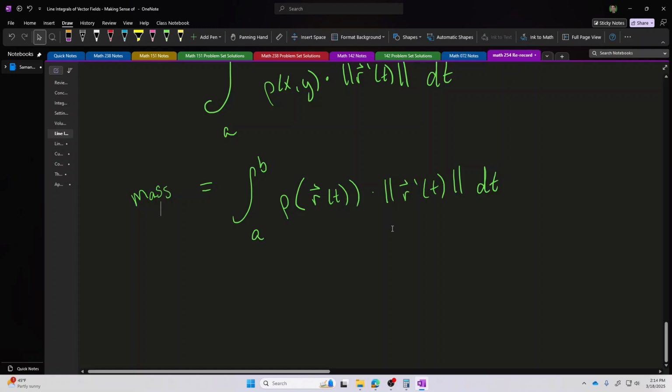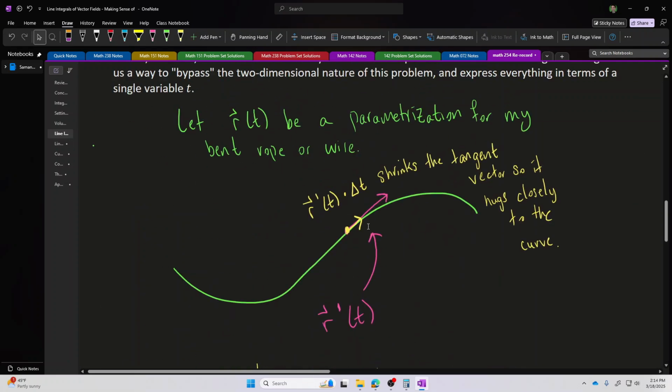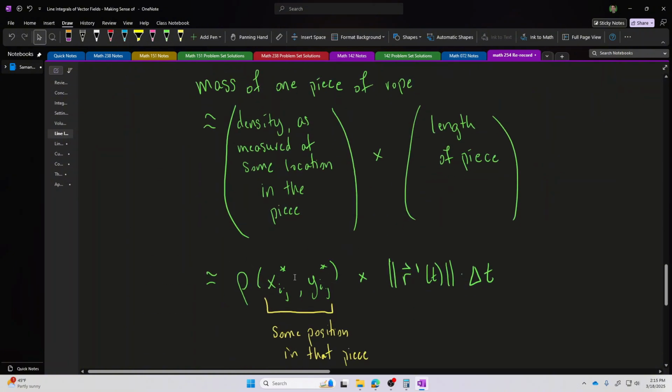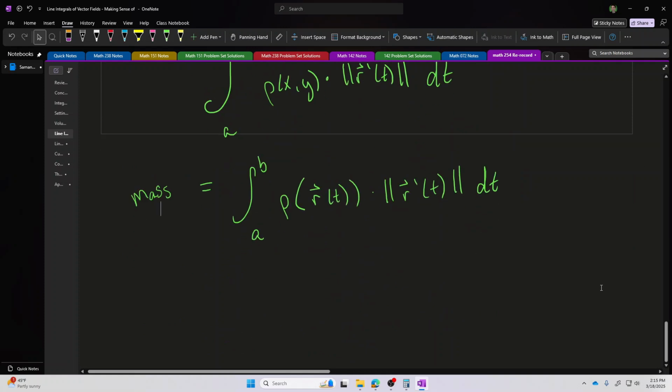This expression, the magnitude of the tangent vector multiplied by dt, is capturing a little tiny length of the curve C that is forming our region of integration in this problem. And so we are essentially adding up outputs of our function for different little tiny lengths of the curve C. And that is what's happening in this formula for the line integral of a scalar field.